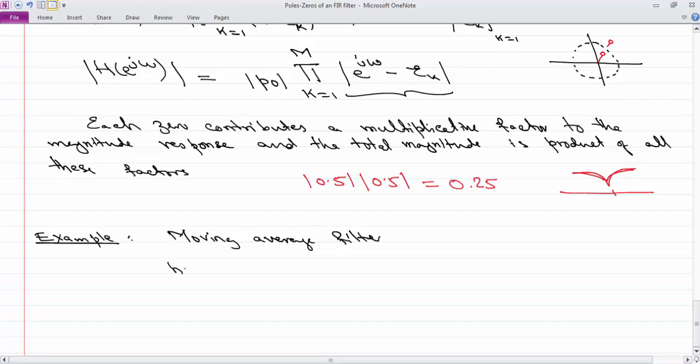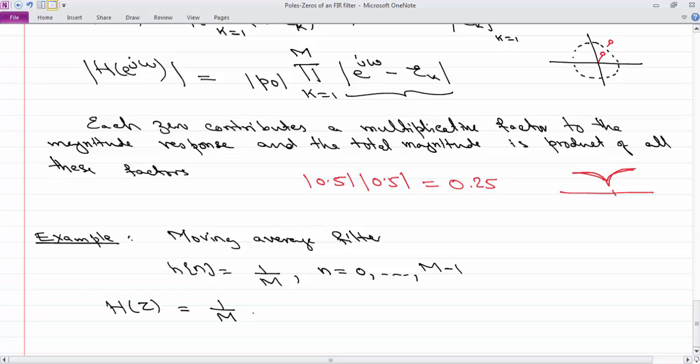So assume that h of n is 1 over M for n from 0 up to M minus 1. So it's a moving average filter. It just averages M contiguous values. Now, if you want to compute the z transform, it's trivial. You just write a polynomial where the coefficients of the polynomial are simply the values.